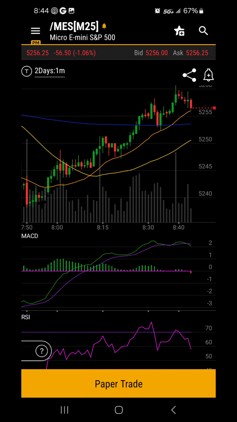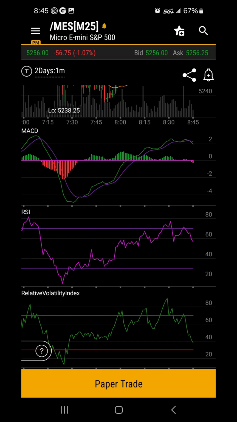Now the MACD on the 1-minute chart here is kind of disagreeing with that. It's pretty high and looks like it's going to drop here soon. There are the indicators for the 1-minute chart, and you can see that the Relative Volatility Index is super low, which encourages me to think that it might be going up here soon.